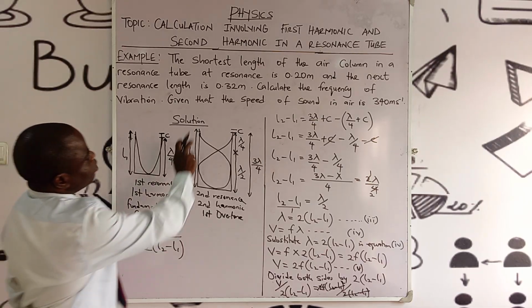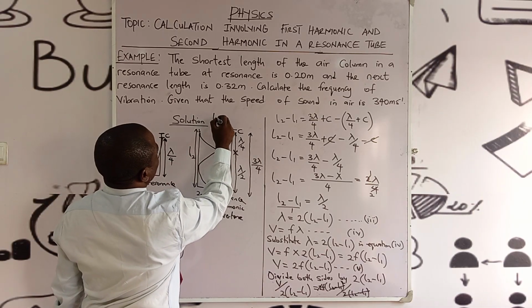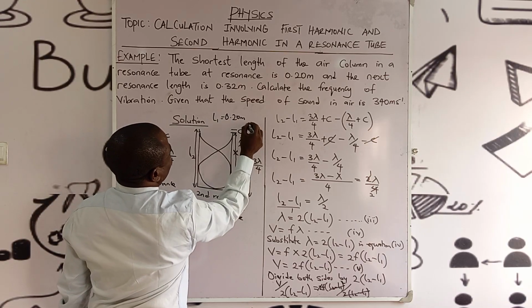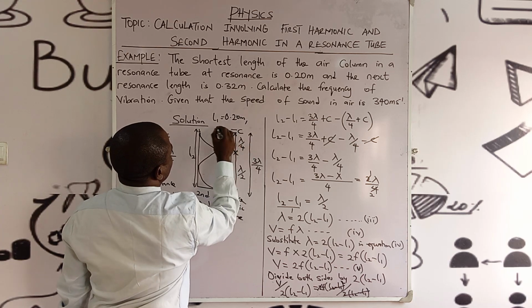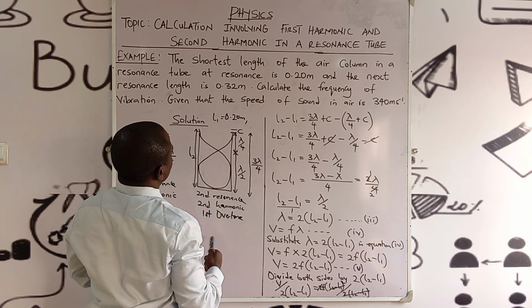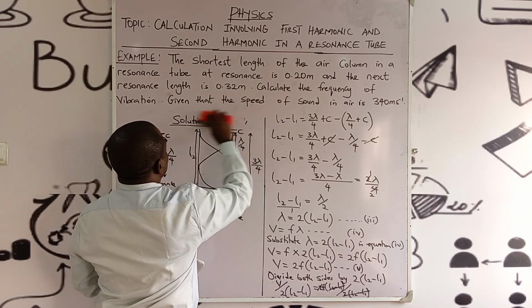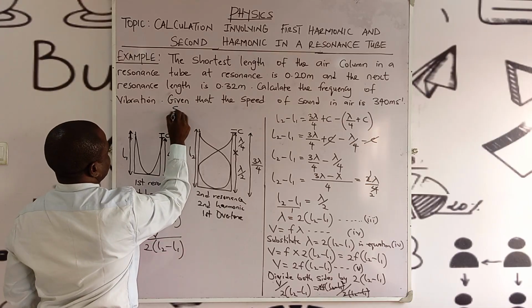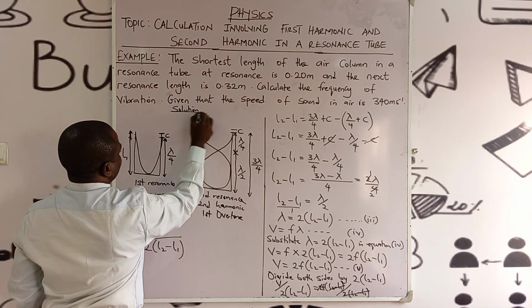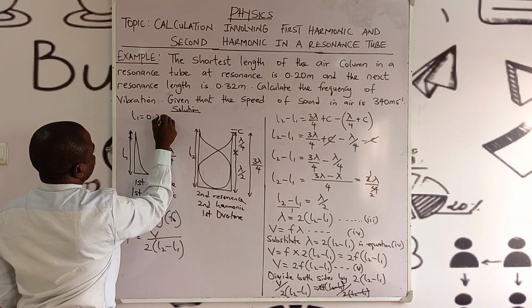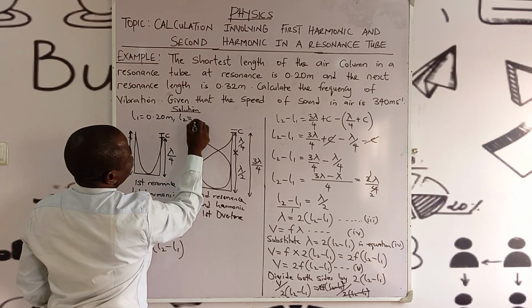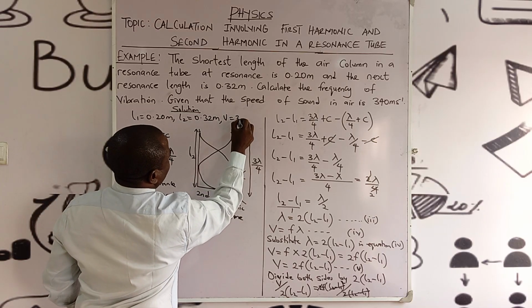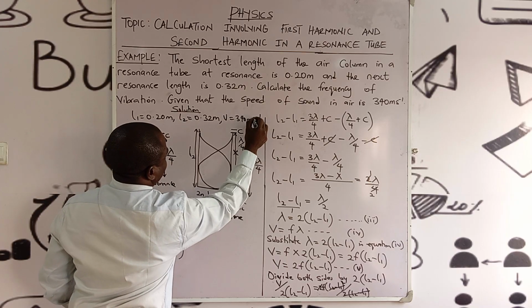Now let's write our parameters out. L1 equals 0.20 meters. L2 equals 0.32 meters. And your V equals 340 meters per second.